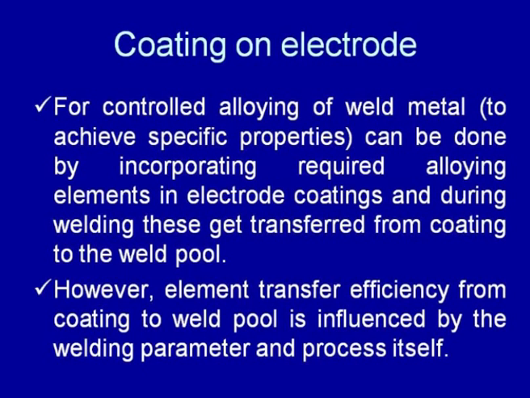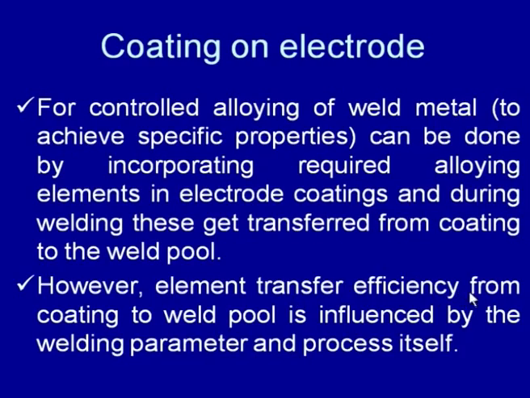So, for this purpose, whatever element we want to add in the weld metal, that is included in the form of coating material, so that when the coating melts and then the core wire melts, this leads to the transfer of the alloying element to the weld metal, and when it is transferred across the arc, depending upon the kind of shielding which is being provided, the effectiveness of the transfer may vary with the process or with the kind of conditions which are being used during the welding.